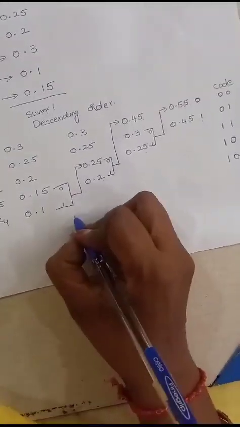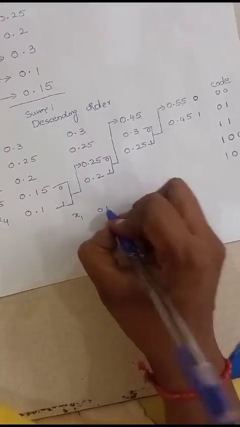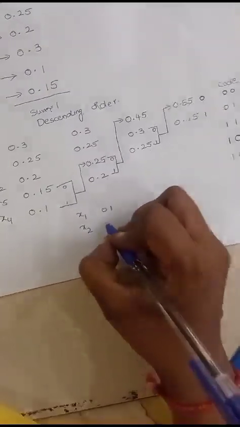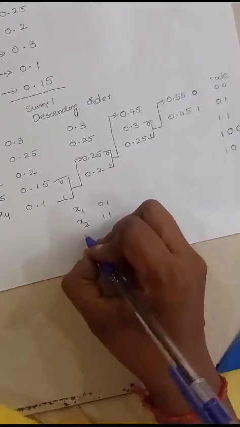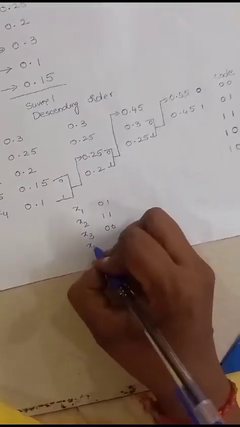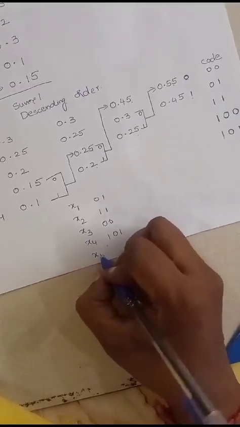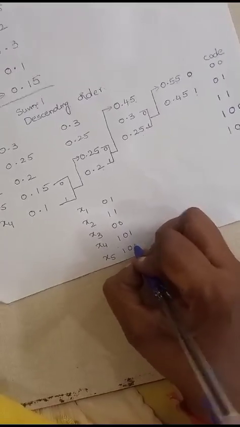Let us write the symbols in an order. x1, the code for x1 is 01, for x2 it is 11, for x3 it is 00, for x4 it is 101, and for x5 it is 100.